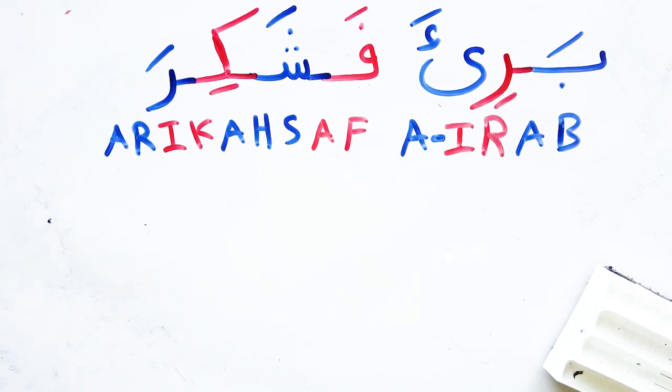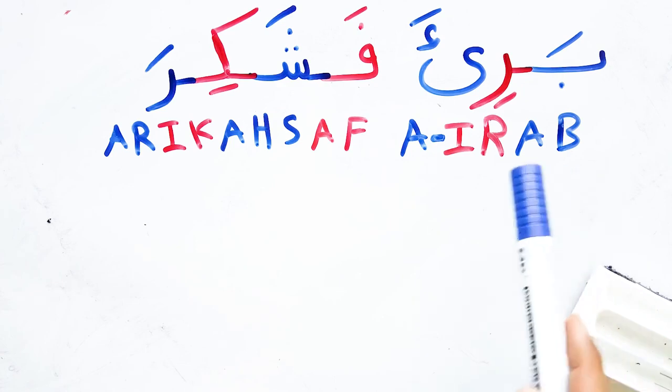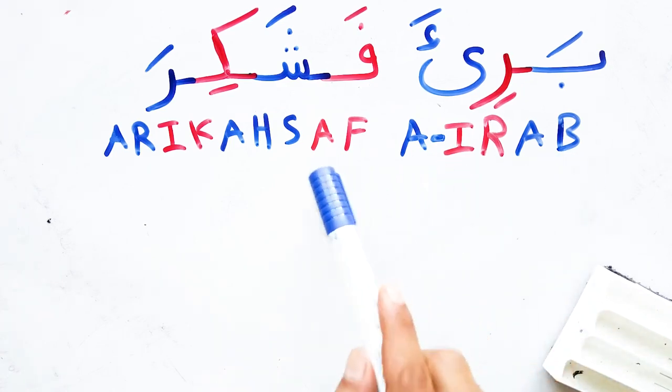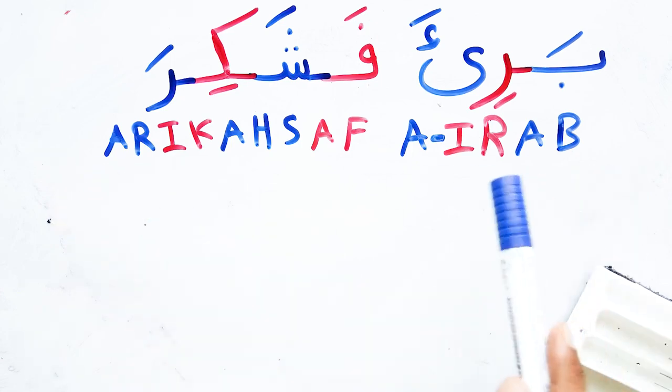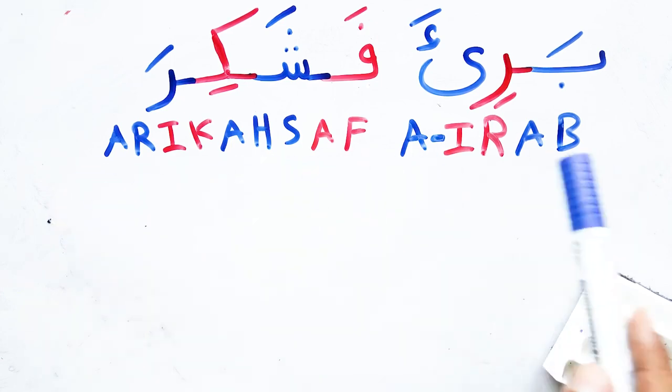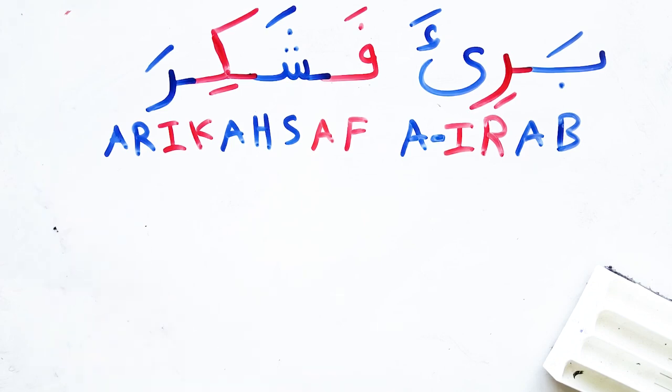Let's read together. So it is ba, ri, a, bari'a, fa, sha, ki, ra, bari'a, fa, sha, ki, ra.